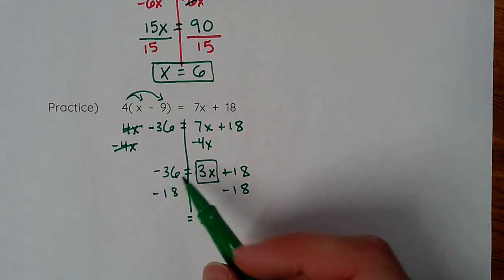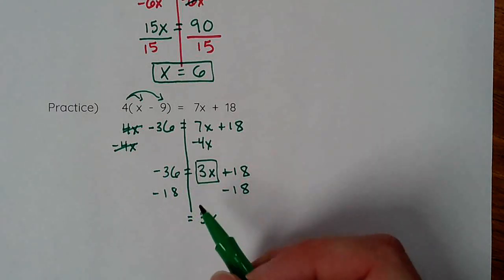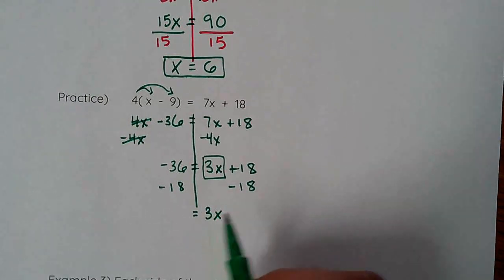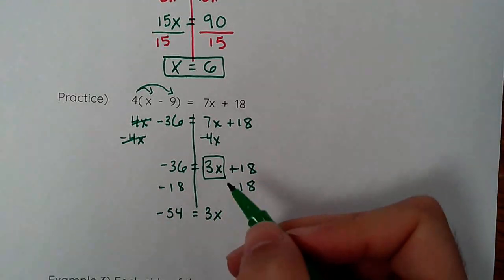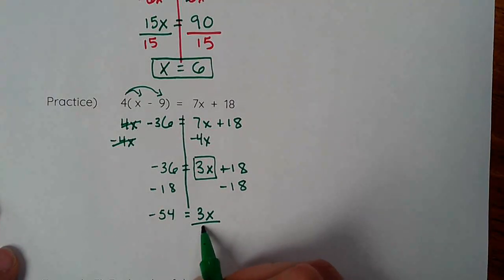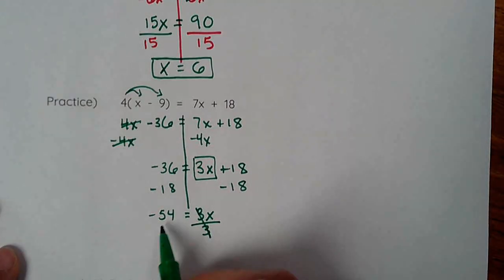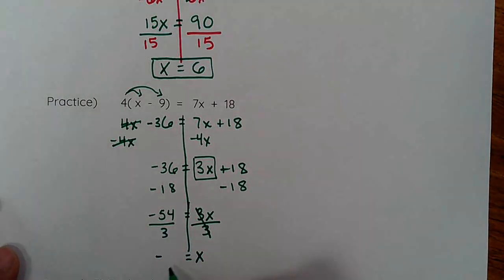We don't want to make the mistake of just doing negative 36 minus negative 18 or adding or doing some goofy things. So this answer, we have negative 54. First we're going to divide by 3 on this side, divide by 3 on this side. X is equal to negative 18.